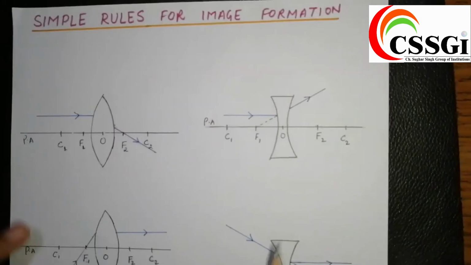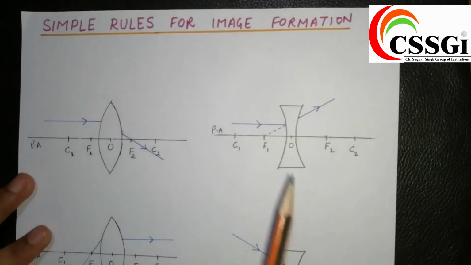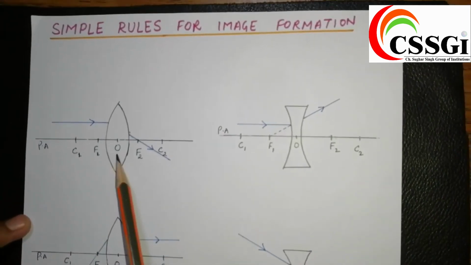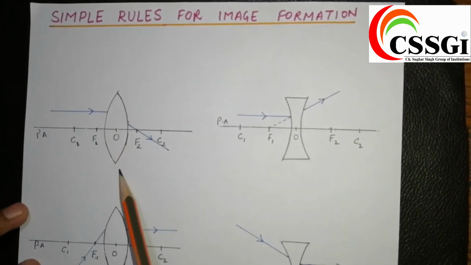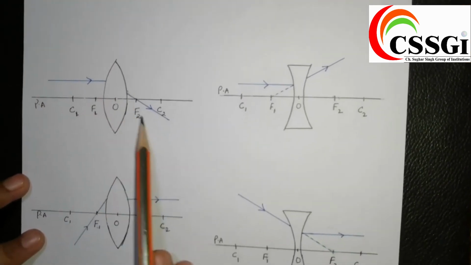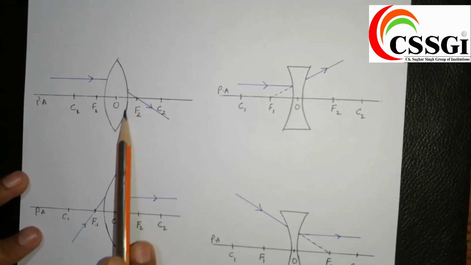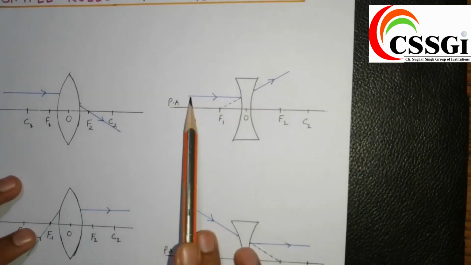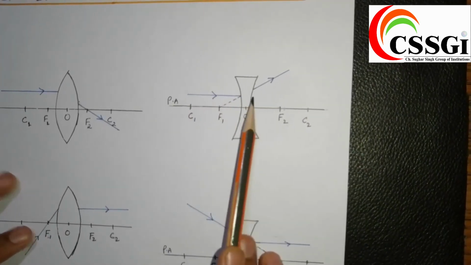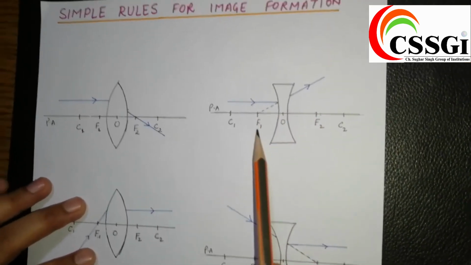Now we will quickly move to the image formation, and for image formation we need to learn just a few simple rules for image formation by lenses. Consider this as convex lens. When the ray passes parallel to the principal axis, then after refraction it passes through the principal focus. Similarly, in case of concave lens, when the ray passes parallel to the principal axis, then it diverges out and appears as if it is coming from this point.